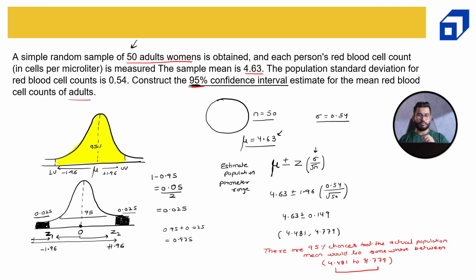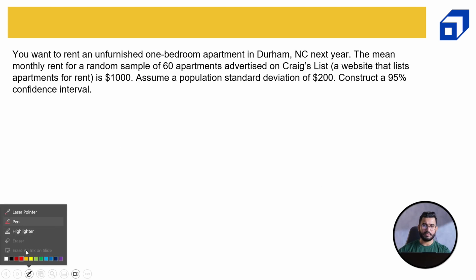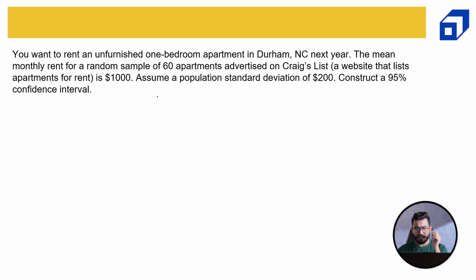Let's look at one more question, and then it will clear all your doubts. The question says you want to rent an unfurnished one-bedroom apartment in New York City. The mean monthly rent of a random sample of 60 apartments advertised on some website came out to be $1,000. So what you were trying to do is estimate the average one-bedroom rent in New York City.